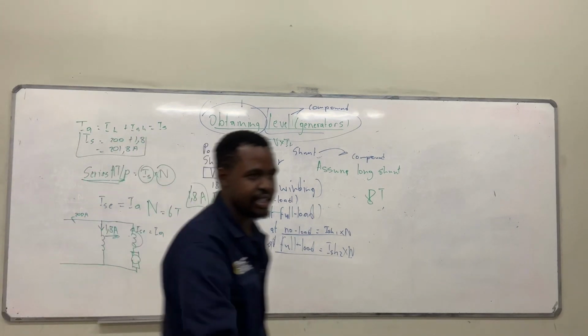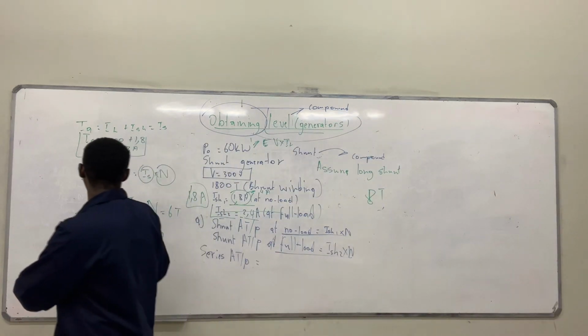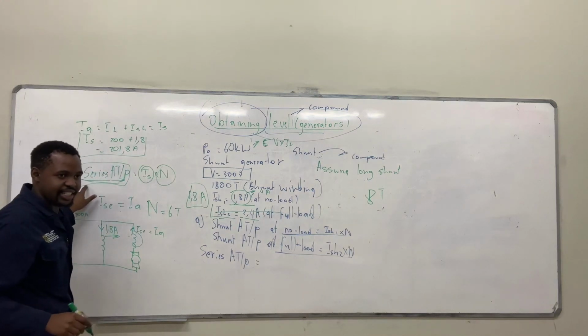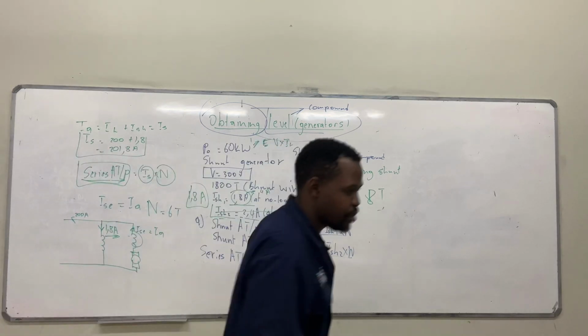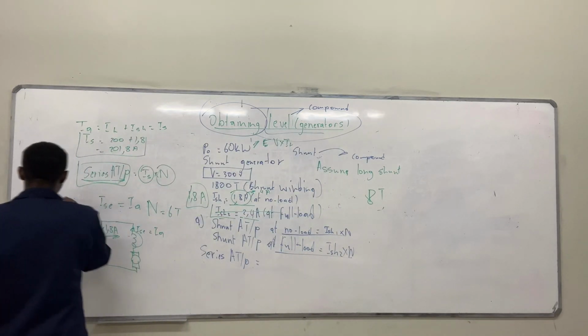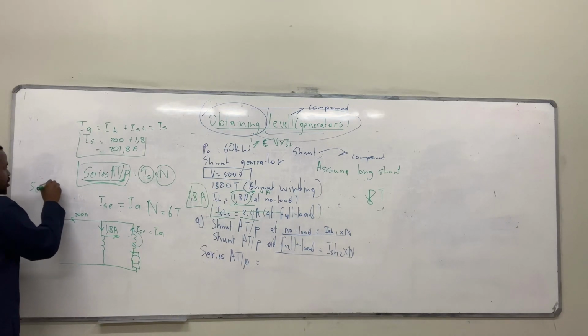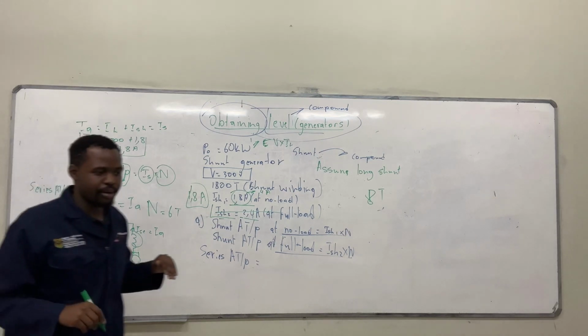Simple. What are you going to do to maintain the ampere turns at the value they were? What is the series ampere turn per pole?